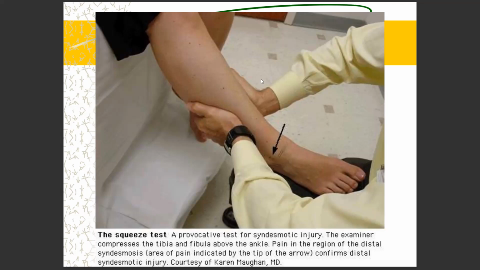But if there is no increase in the intensity of the pain after squeezing these two surfaces, then this test is negative for the high ankle sprain, and then there may be an ankle sprain.